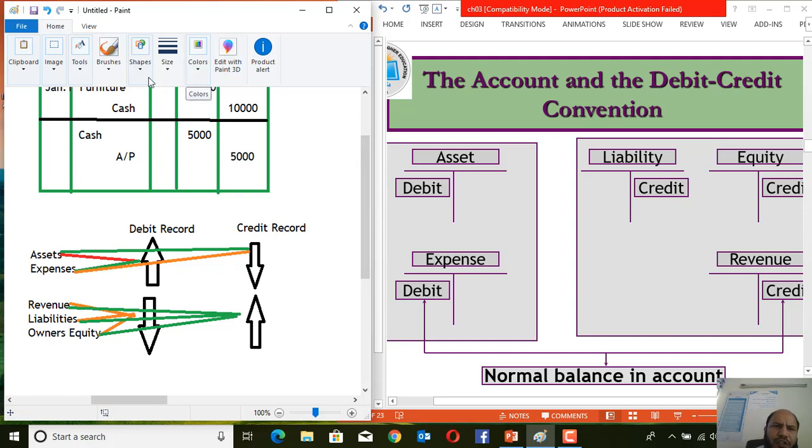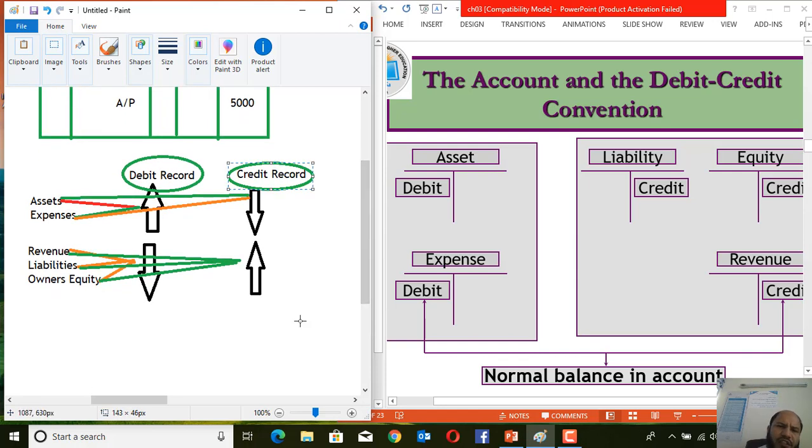So here we have discussed the conventions or the rules for debiting and crediting the account record. I hope that you have understood it. These arrows show you: the upward arrow shows the increase, and the downward arrow shows the decrease in the account.